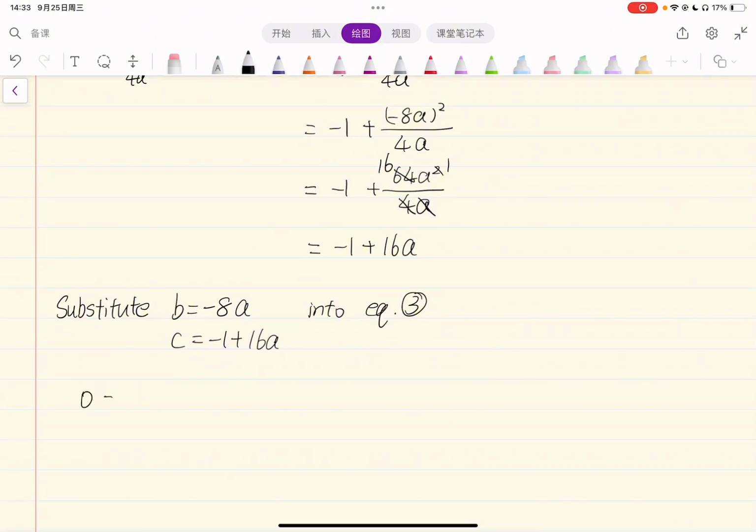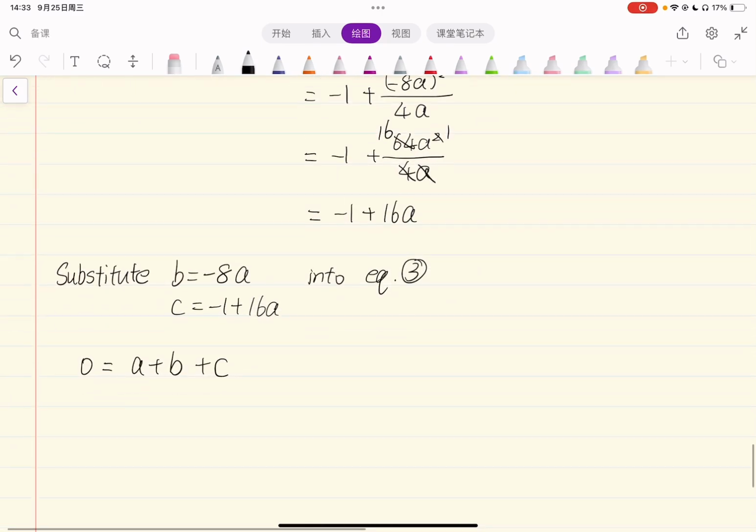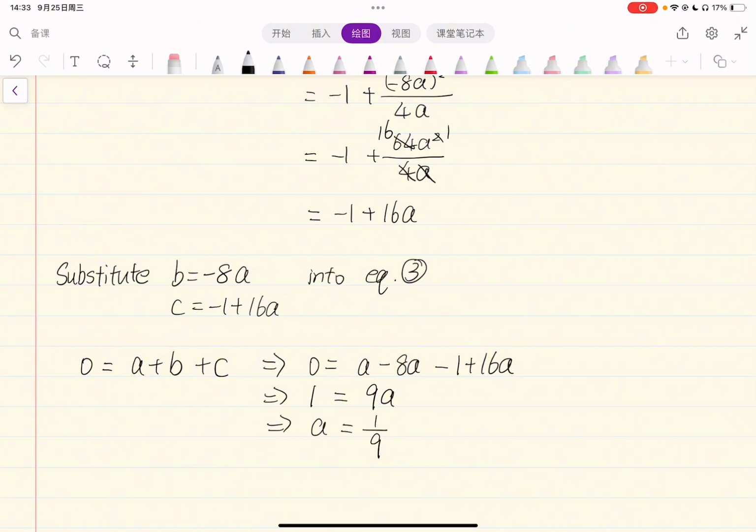So we have 0 equals a plus b plus c, right? That implies 0 equals a minus 8a minus 1 plus 16a. We get 1 equals minus 7a plus 16a, that is 9a. So we got a equals 1 over 9. We check that it is greater than 0, so no problem.